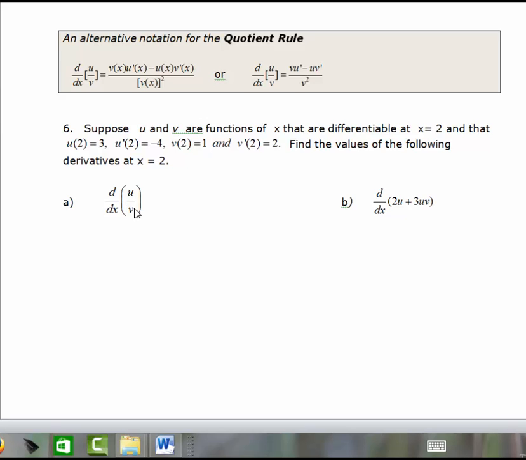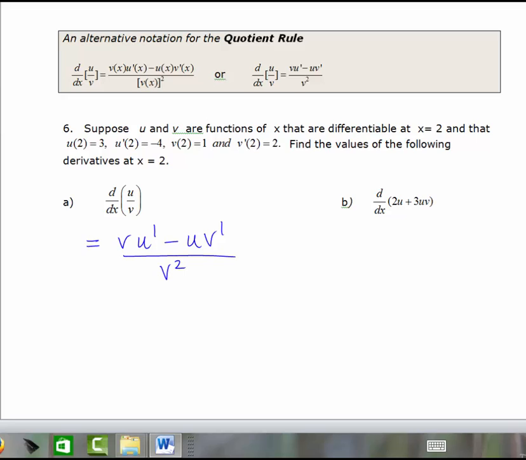The first one says find the value of the following derivatives at x equals 2. So we're first going to use the quotient rule for the derivative of u over v. The derivative of this is going to be the bottom, which is v, times u prime, minus the top, which is u, times the derivative of the bottom, which is v prime, all over v squared.